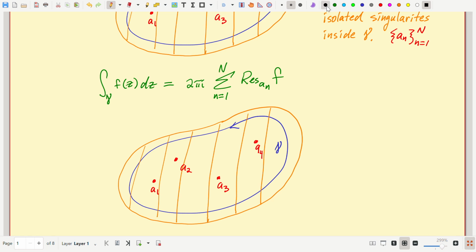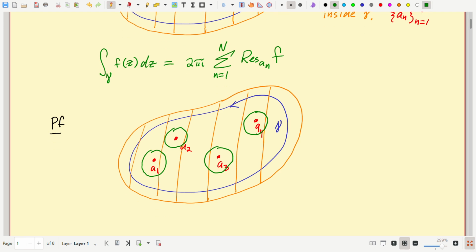The proof would use the baby residue theorem about little circles. So if I had a bunch of little circles around these A's, there's a little circle around A1, they need to be small enough that they don't overlap. And I want these circles to go clockwise.